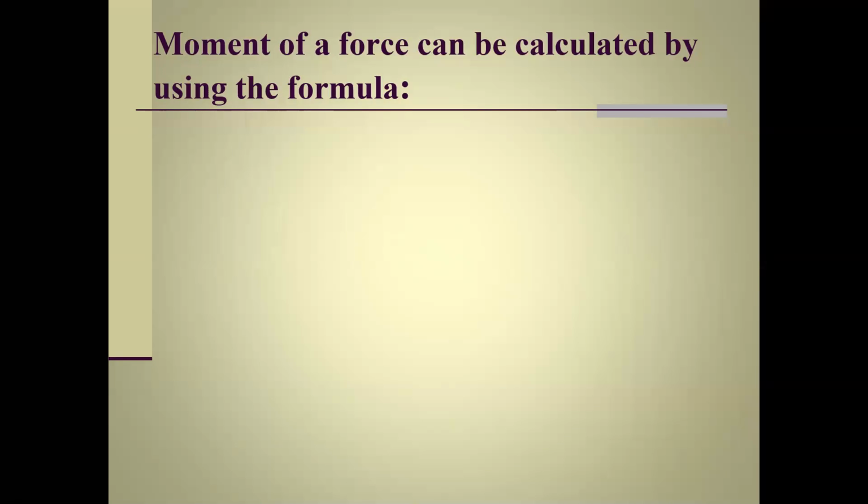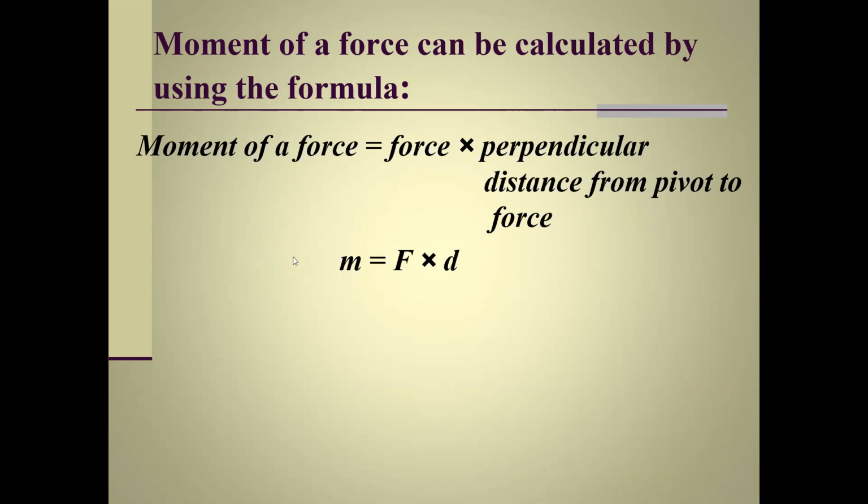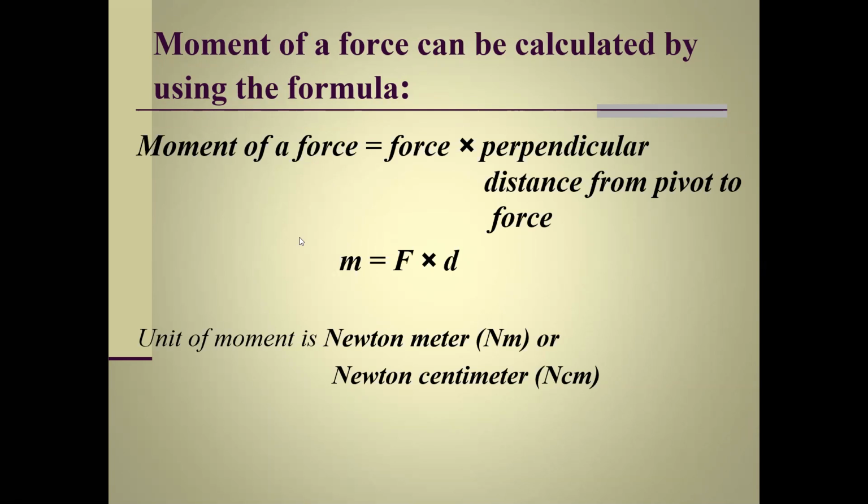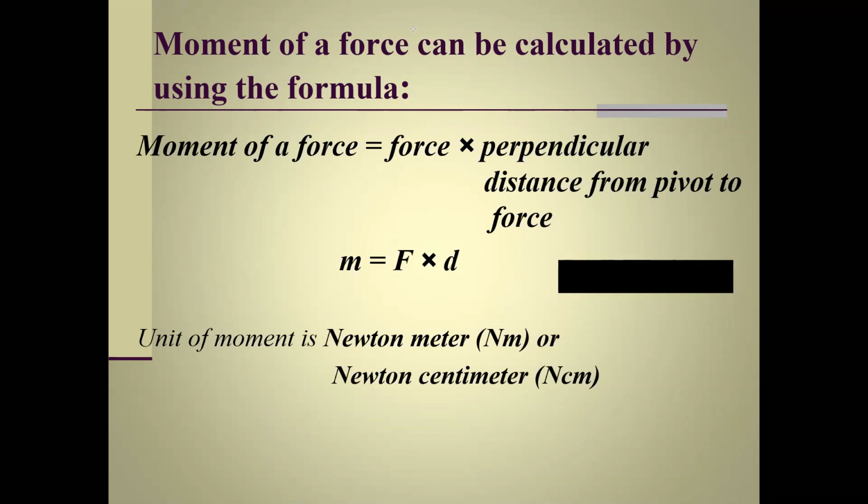For example, say this is an object, and this object is fixed from one end. This is the point where the object is fixed. That point is known as the pivot.